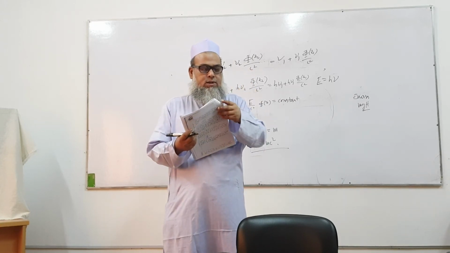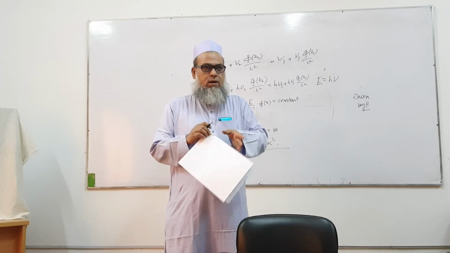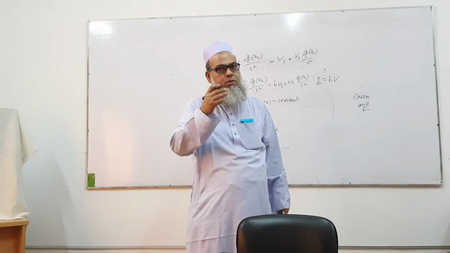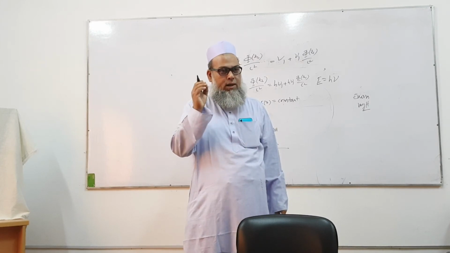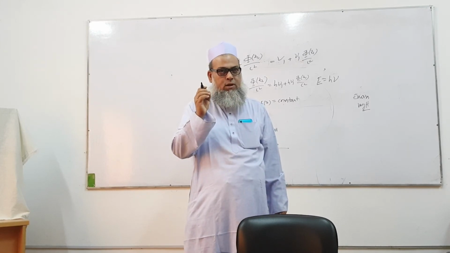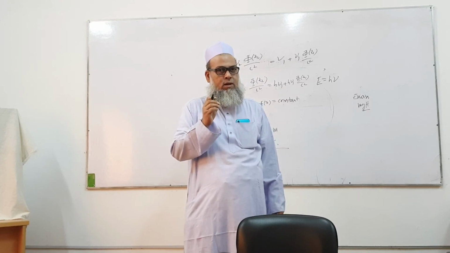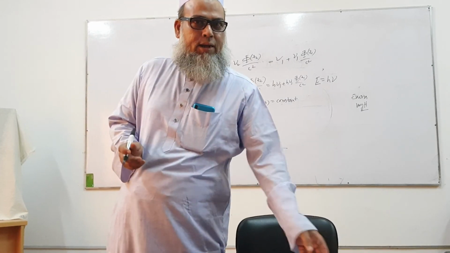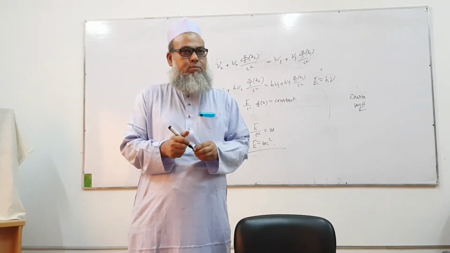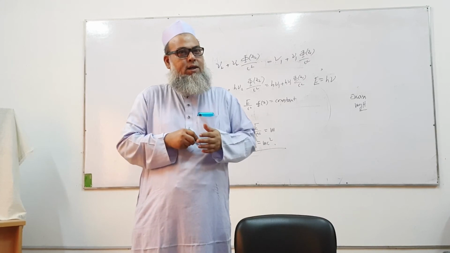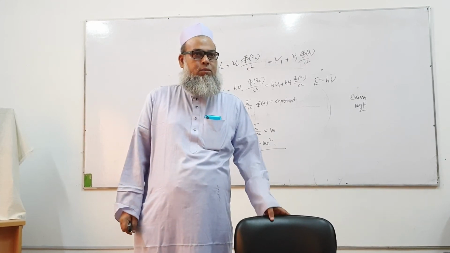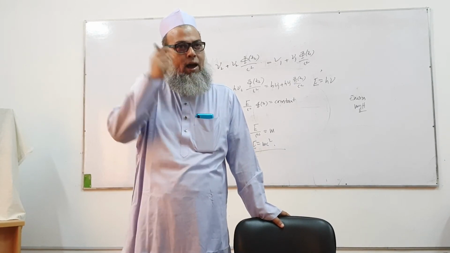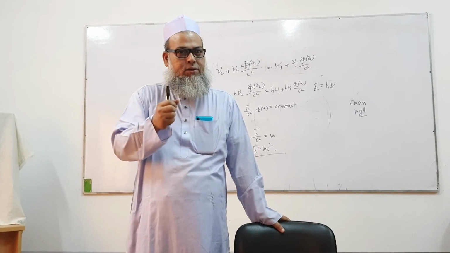I'll give you a contrast here. You know neutrino. It hardly interacts with anybody, and there is only feeble interaction with somebody. And nowadays we call dark matter, dark energy, right? Why are they dark? Because they do not interact with any other body, not even with light.